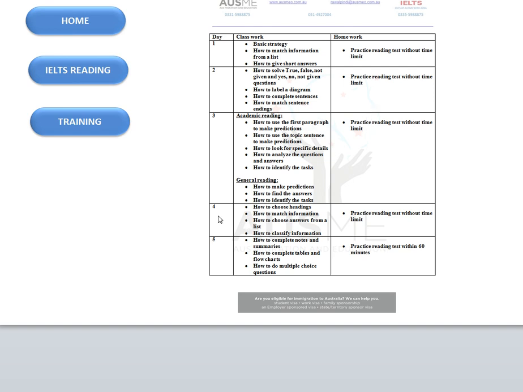So moving on, we'll move on to day 4. In the day 4, we'll look at a few other question types. For example, choosing headings and how to match information. So as you know, sometimes in the questions you can get, for each paragraph, they'll give you, probably if you have 5 paragraphs, they'll give you 8 headings.